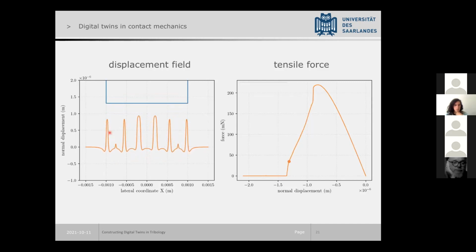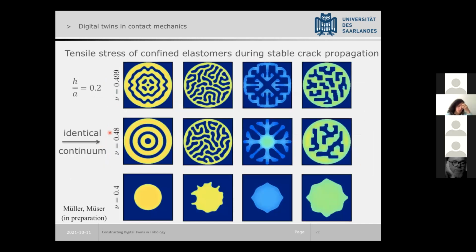Now, what is intriguing about this instability is that depending on the level of detail that we put into our simulation, or the way how we basically truncate continuum theory, we get completely different patterns of the non-contact.